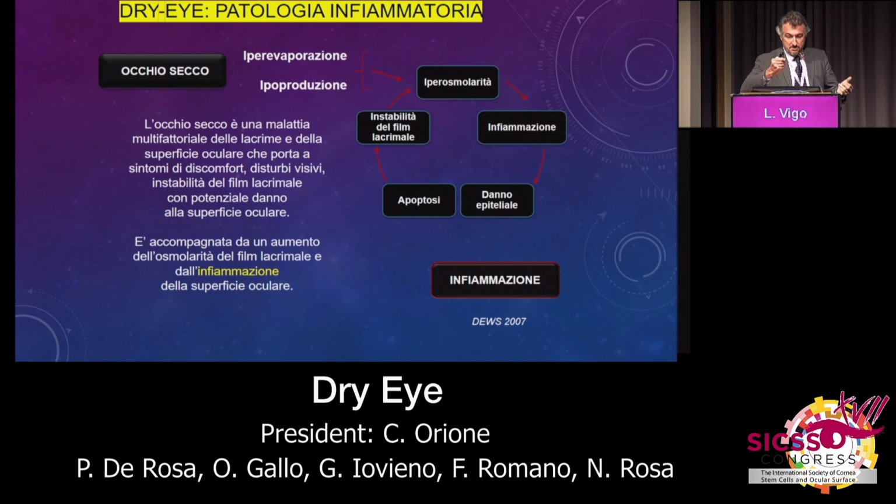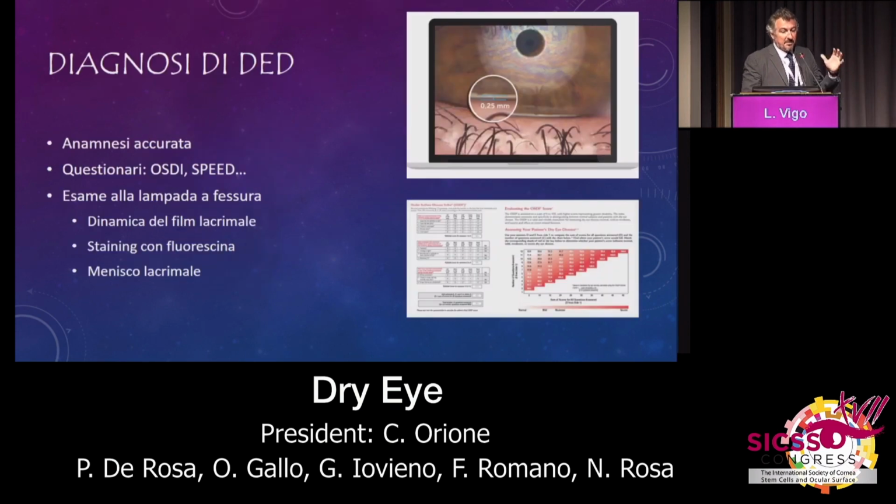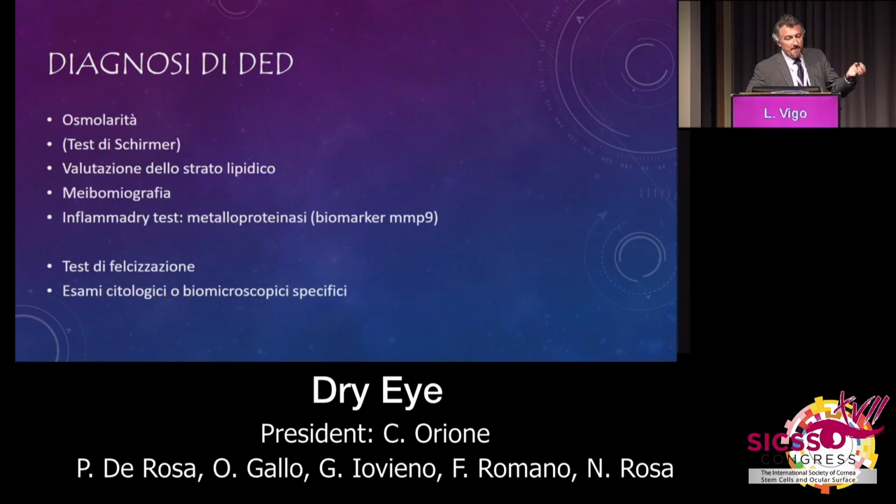So now we should try to make a correct diagnosis. We should first of all identify all the tests, the slit lamp or subjective tests on the basis of our experience, as well as instrumental tests, as you may see in these two slides, that may allow us to diagnose the disease and to check whether the patient, who sometimes is difficult to classify within a specific group, there might be overlappings.